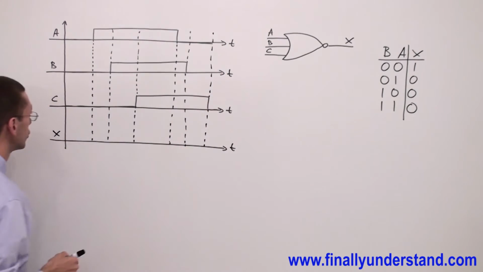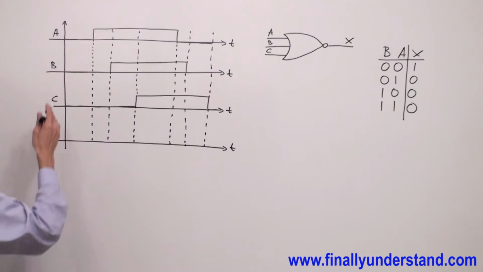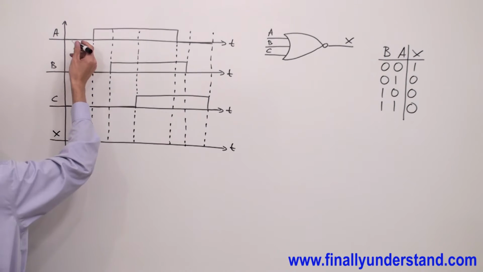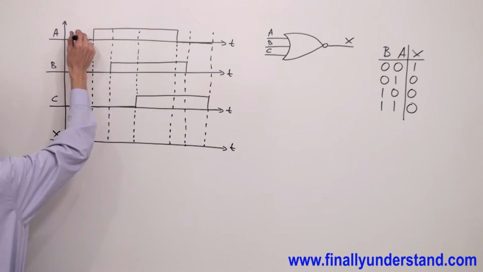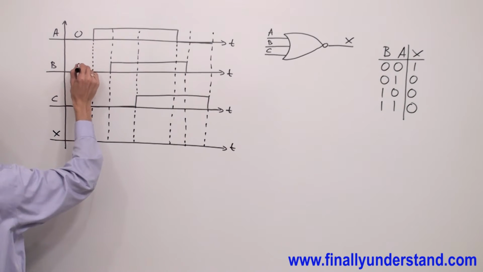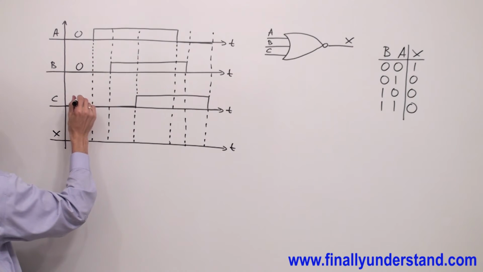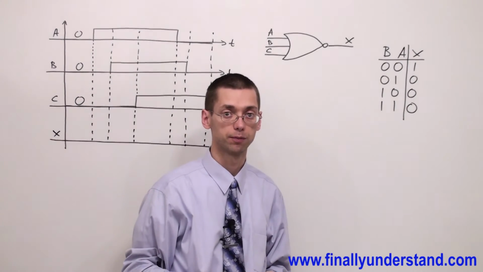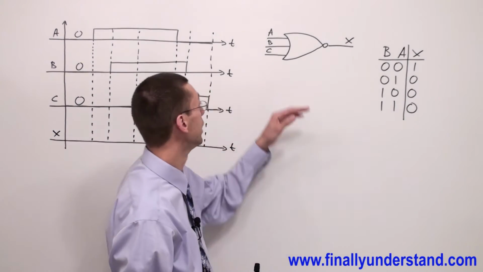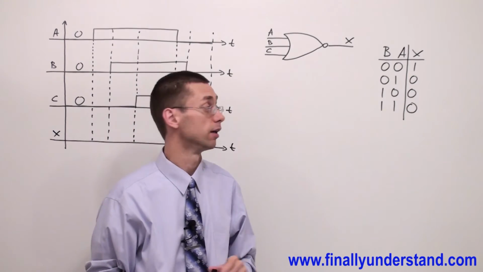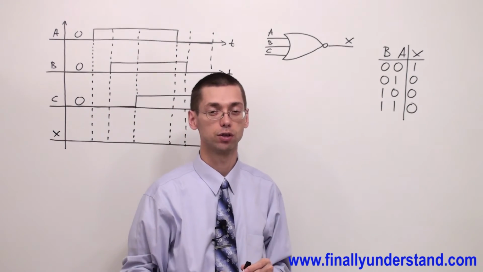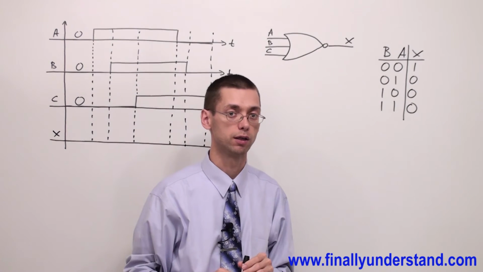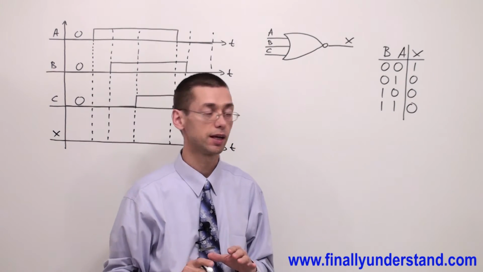Now we're supposed to look at each column, and please notice that we have logic 0 over here, logic 0 and logic 0. Look at this truth table. Someone is going to say, oh, we have a 3 input NOR gate, but this truth table is only for a 2 input NOR gate. But the concept is the same.